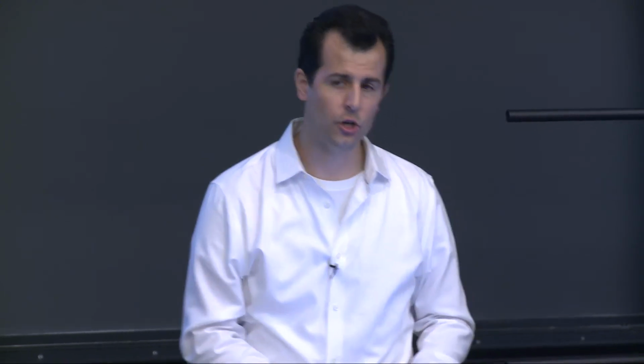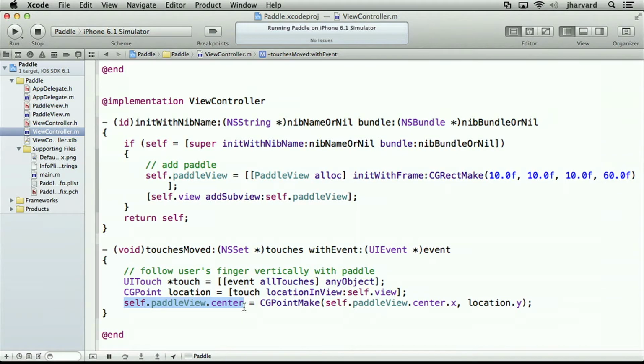The location .y. So if I want to center the paddle, notice what I'm doing here. It turns out that center is a property associated with the paddle view, or more generally, any UIView has a center, and I need to assign it an x, y coordinate. I'm actually going to change its y location, but I'm not going to change its x location because I don't want the paddle to start moving along the x-axis in this landscape mode.